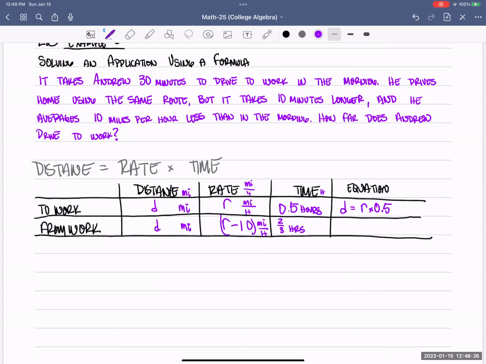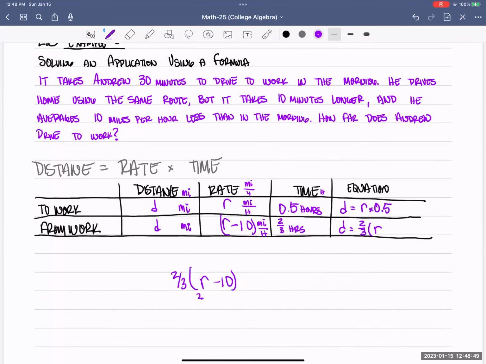And same thing for the second one, our distance is equal to, here when we multiply these two, hours divide out, and we're just left with that part. So 2 over 3, or we could do 2 over 3 r minus 10.